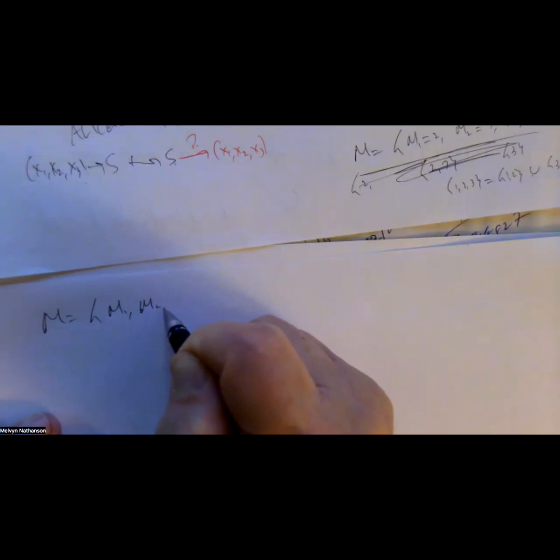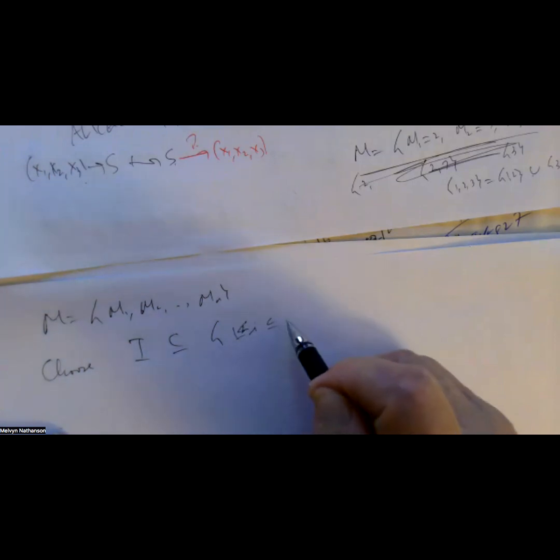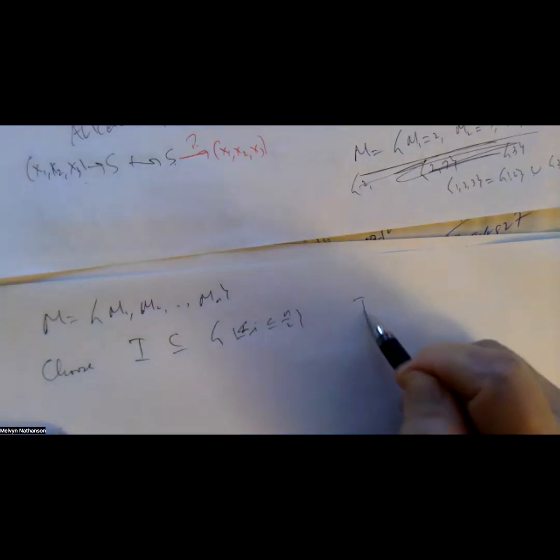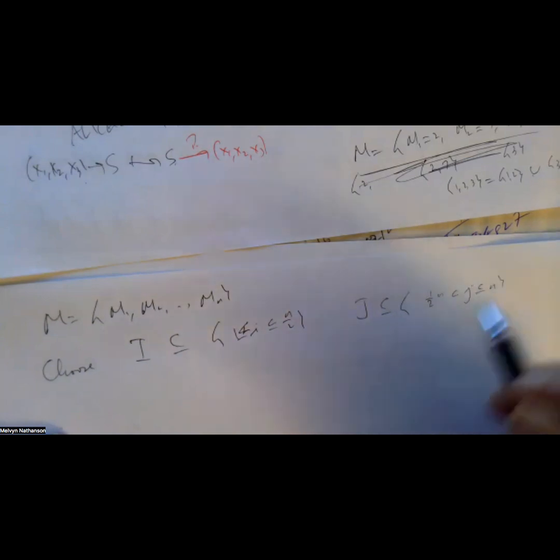So I have M consisting of the numbers M1 up to M sub n. I choose a set I contained in the integers from 1 to n over 2, and a set J contained in the integers bigger than n over 2 and less than or equal to n.